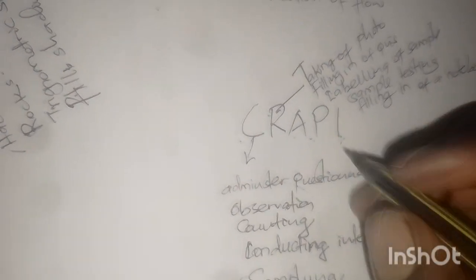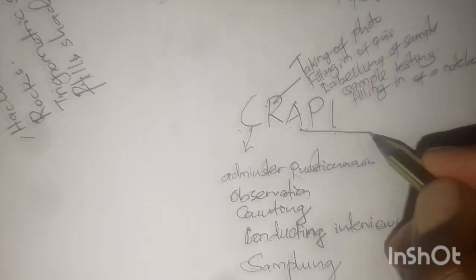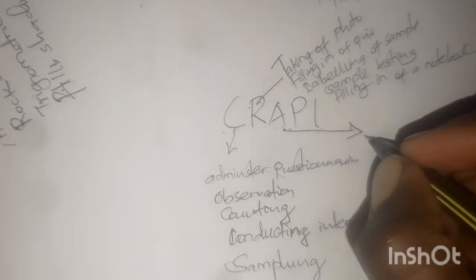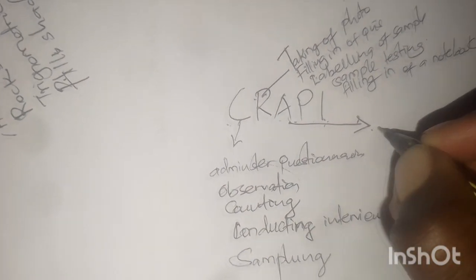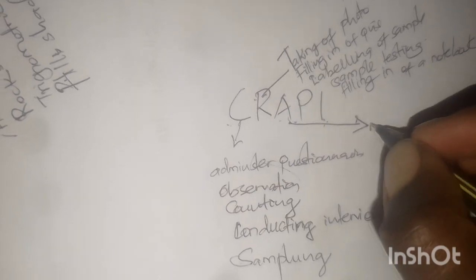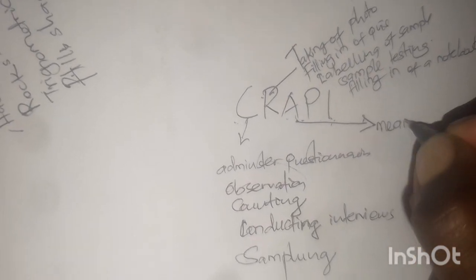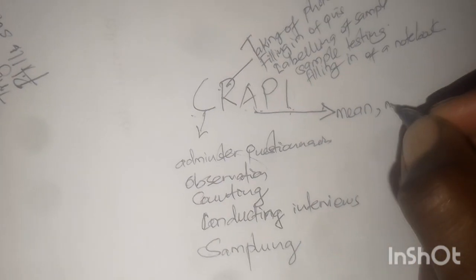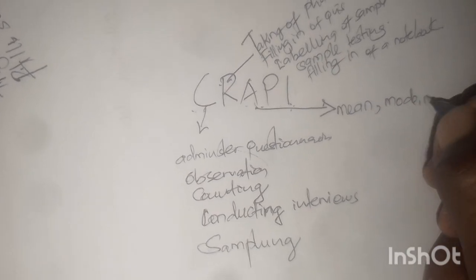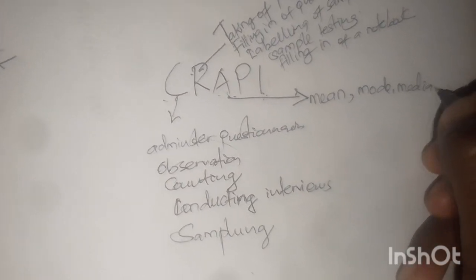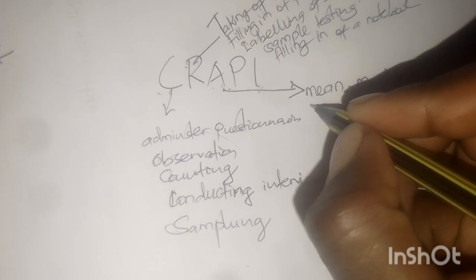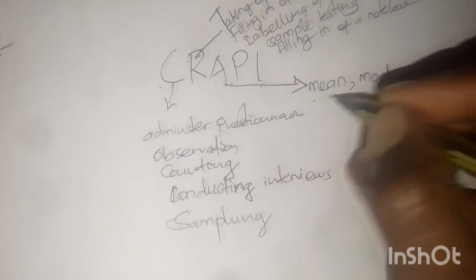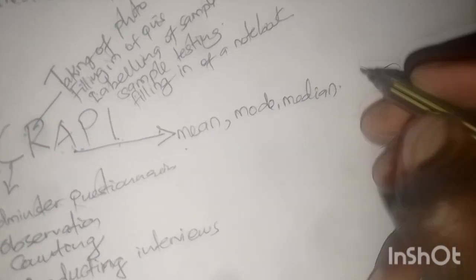When it comes to analyzing of data, basically we try to make sense out of it. So we will arrange that data, maybe find the mean, the mode, the median, and these are averages. Now we can find measures of central tendency.